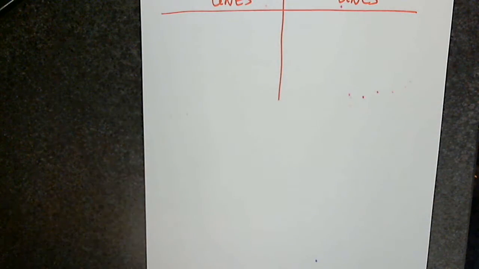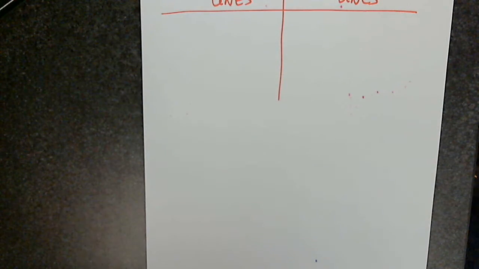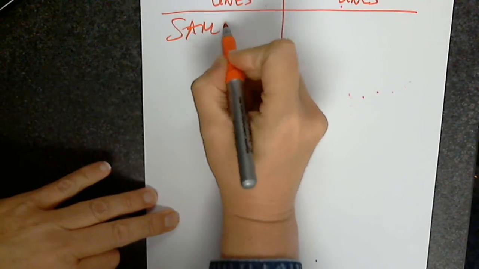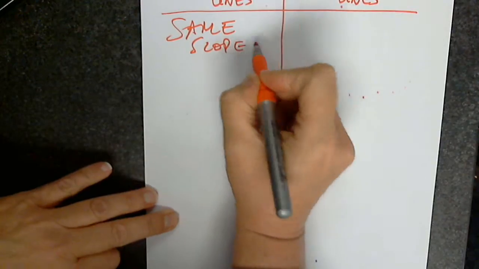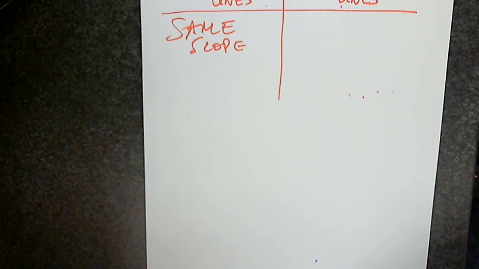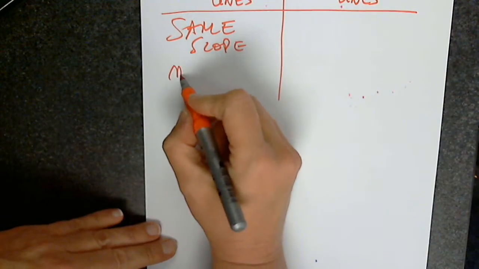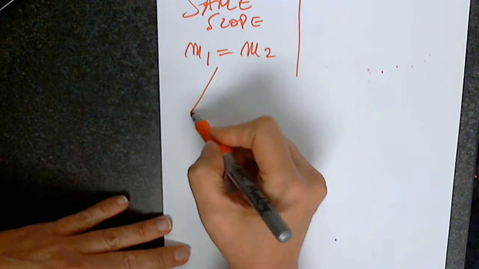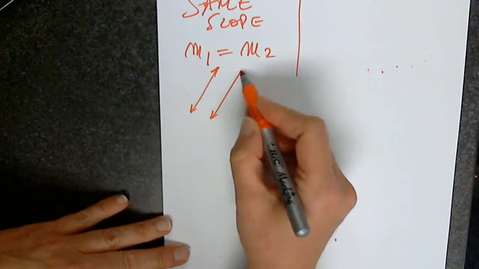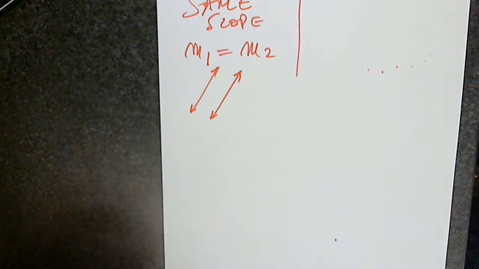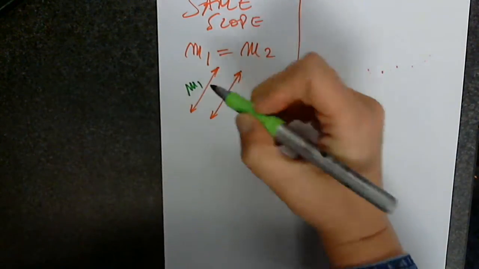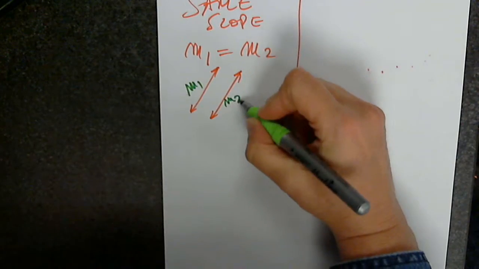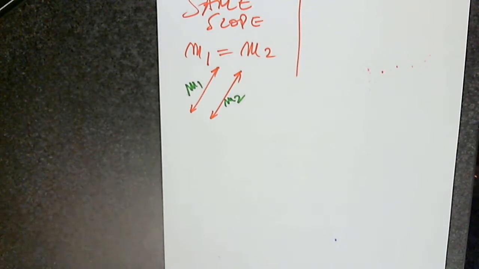In what relationship would their slopes be? They're on the same slope. Absolutely. Same slope. They must have the same steepness if they are parallel, right? So M1 equals M2. So these are two parallel lines. M1 is the slope of the first one. M2 is the slope of the second one. They must be the same.